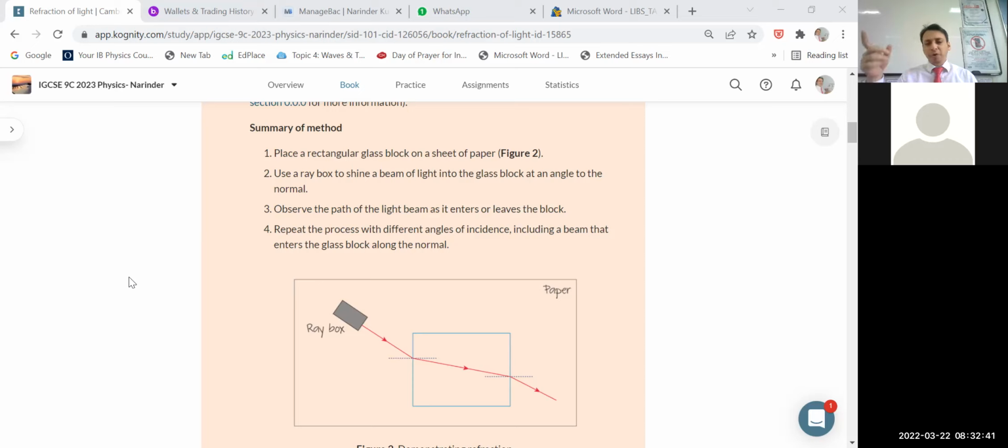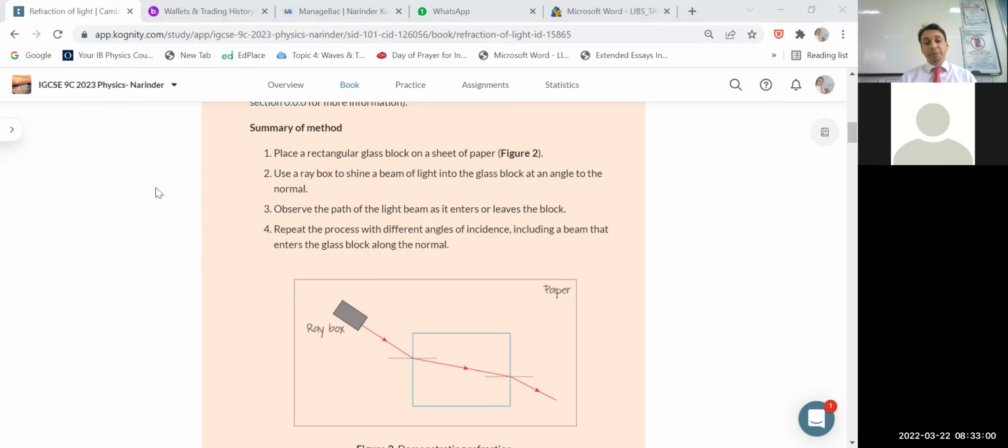Keep the light of your room off. Then you will observe the light bend. When it enters from air into the glass, it bends. And again, you will observe the same kind of path if you do this activity at your home, children.